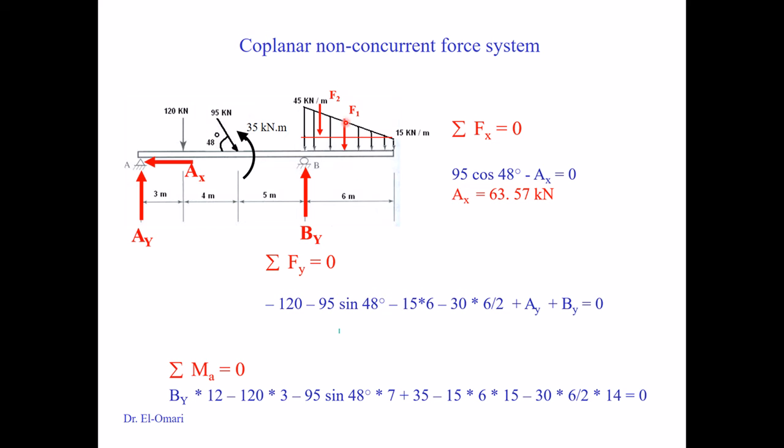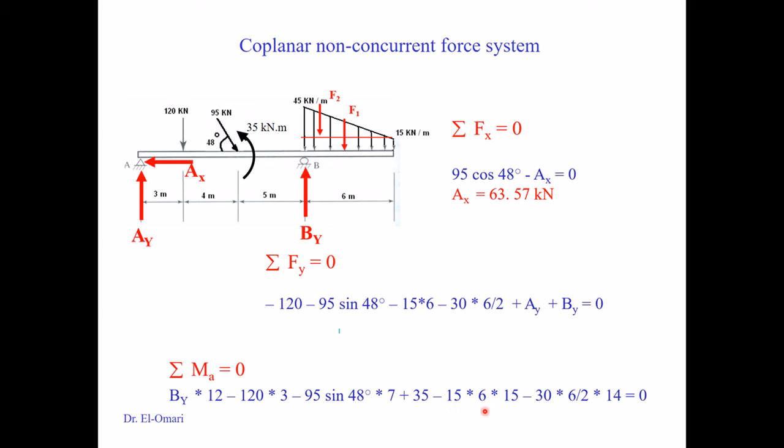This force acts exactly at the centroid of the rectangular shape. So if it's a rectangle, then the centroid is exactly in the middle. Then you have it acting at 3 and 3, so you have 3 plus 5 plus 4 plus 3, and this is where you come to that 15.